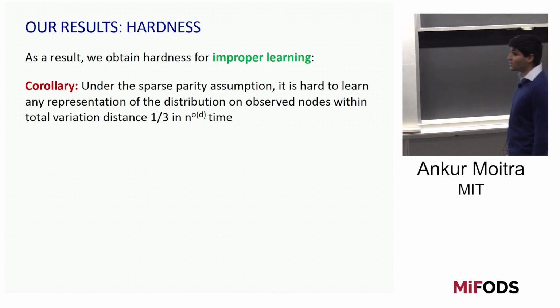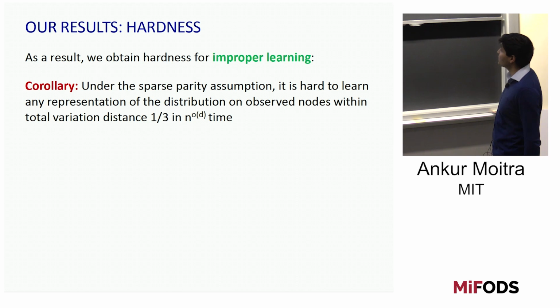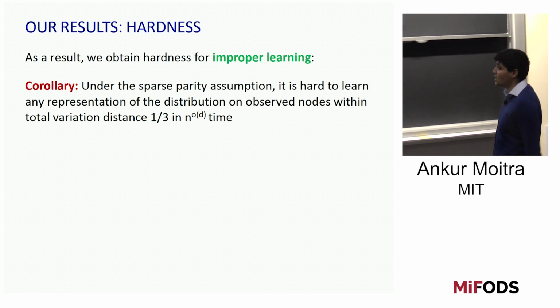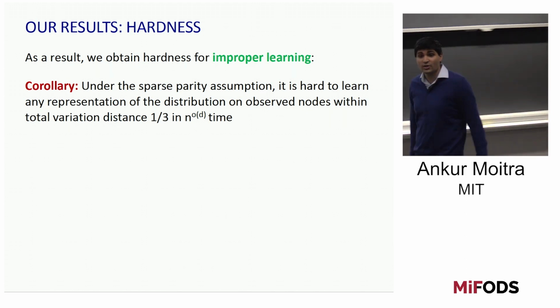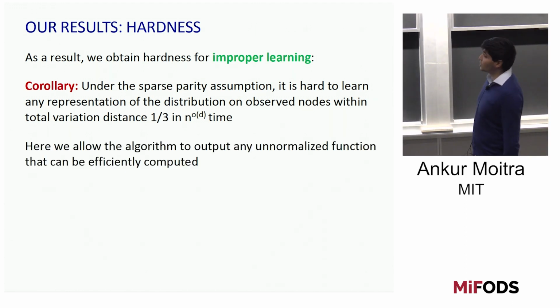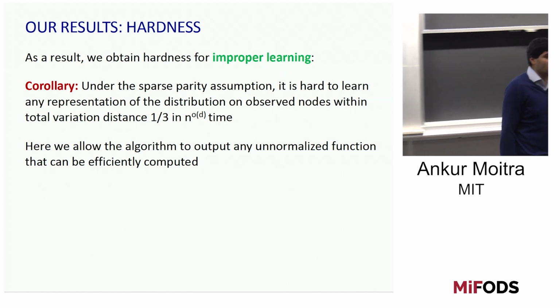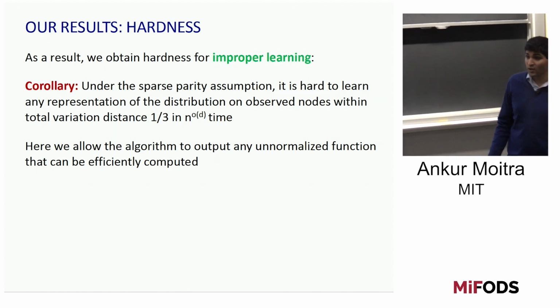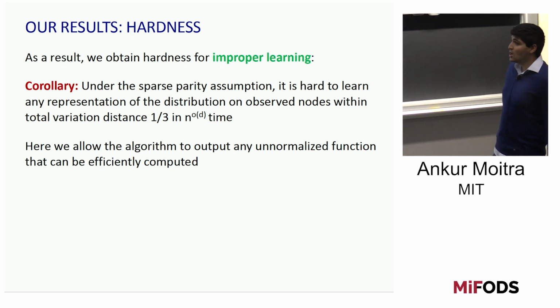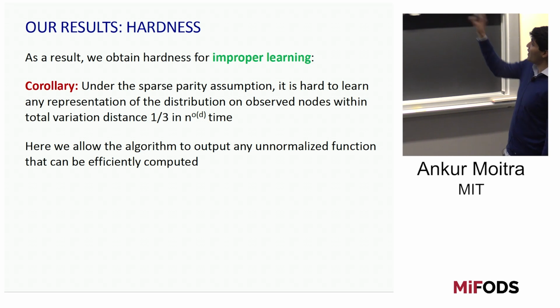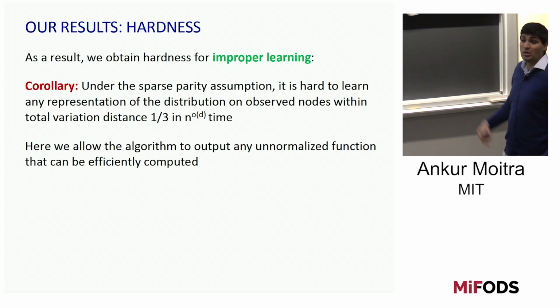Under the sparse parity with noise assumption, it's hard to learn any representation of the distribution on the observed nodes which gets close within total variation distance of, say, 1/3. So here I should clarify. What I mean is that you can spit out not even a Markov random field that describes the observed distribution, but any unnormalized function which you can efficiently compute, and that will implicitly give you some density function. It's hard to find any improper representation that's within 1/3 of the observed distribution.